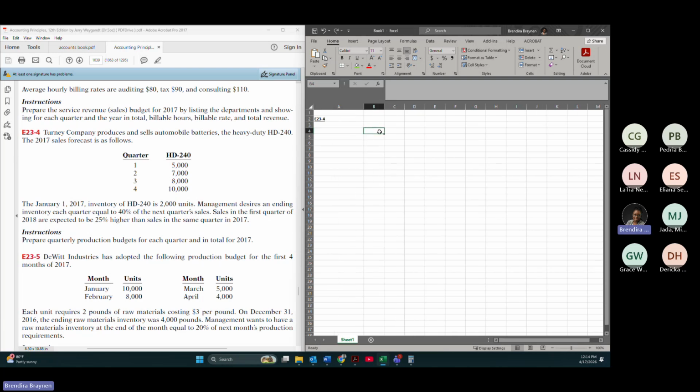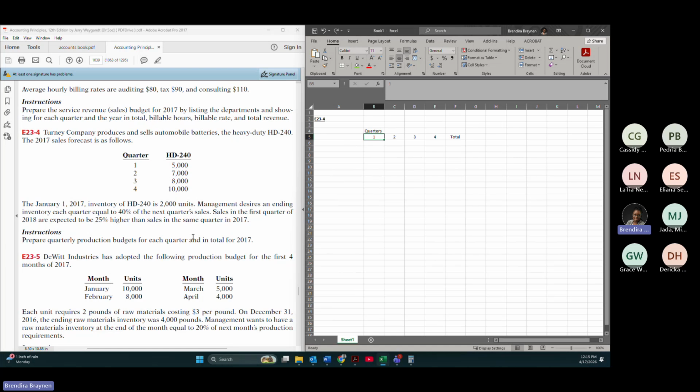I'm going to set it up with my different quarters. So my quarters, I have 1, 2, 3, 4, and then prepare quarterly budget. Okay, and then the total. I'm going to put the columns based on what information I'm trying to share. If this was for 1 month or 1 quarter, then I would only need the one.